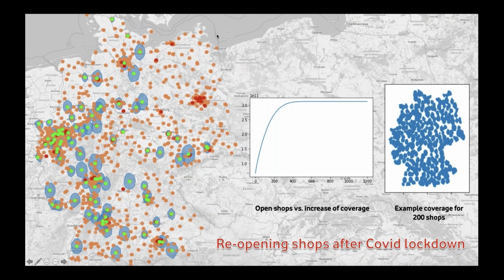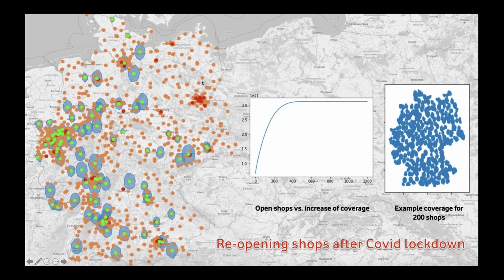The second one is the reopening of shops after the COVID lockdown. Here on the left-hand side, you see again our shop footprint. In the lockdown, for a while, all those shops were closed. At some point, the question was, if we can open just some of those shops, what would be a minimal such footprint?